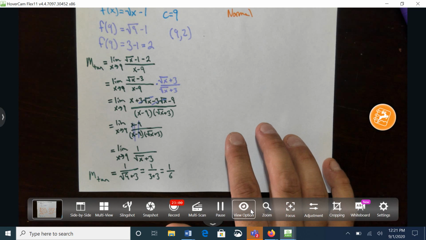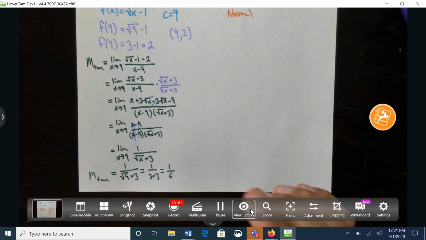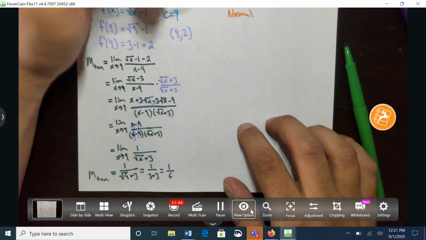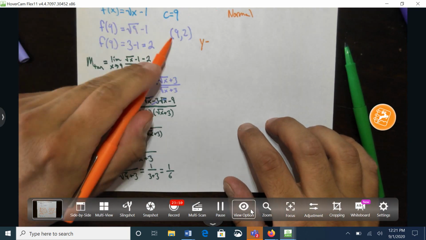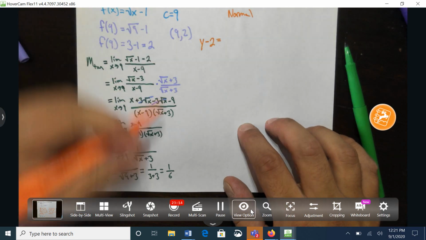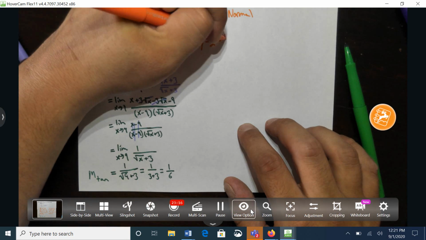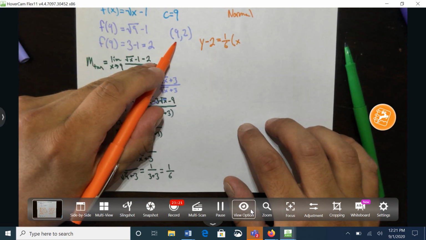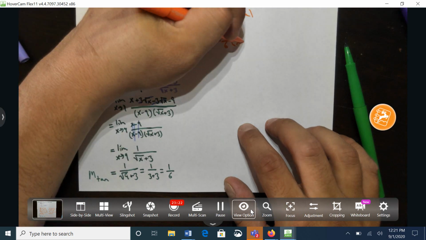Let's see here. So now we want to plug it into the point-slope form. So I'll do that in orange again. So we have y minus y1, so y minus 2 is equal to our slope, which is 1 over 6, times x minus x1, which is x minus 9.